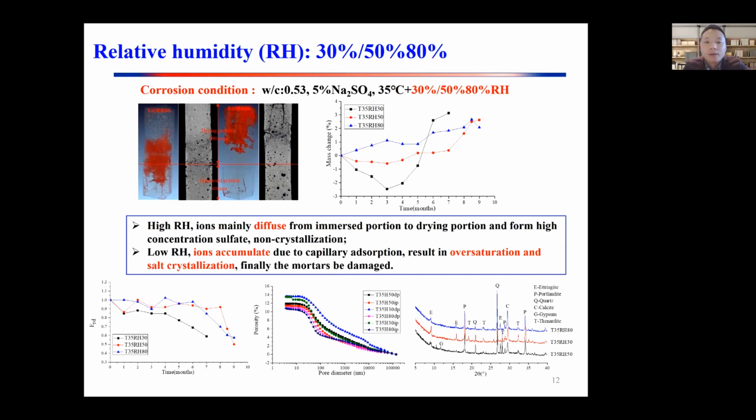So the corrosion of RH80 is less serious than RH50, but at very low RH, ions accumulate due to capillary absorption, resulting in oversaturation and salt crystallization. Finally, the mortar can be damaged.